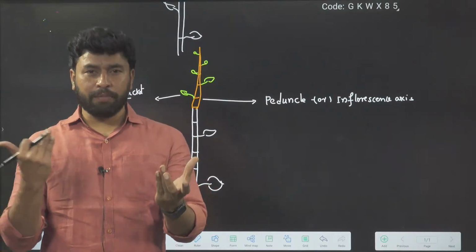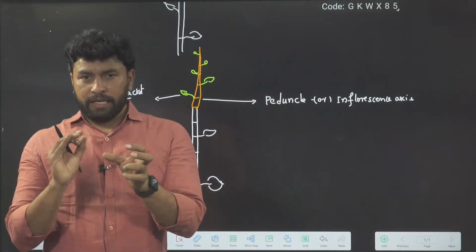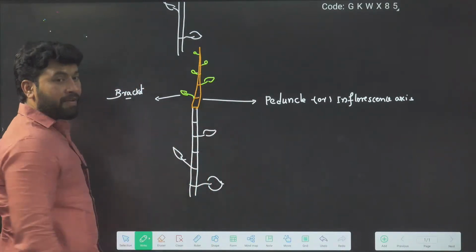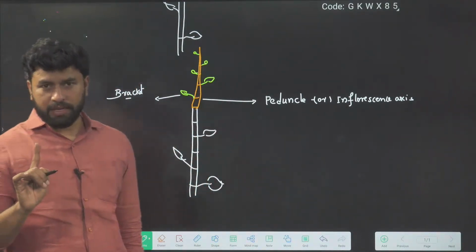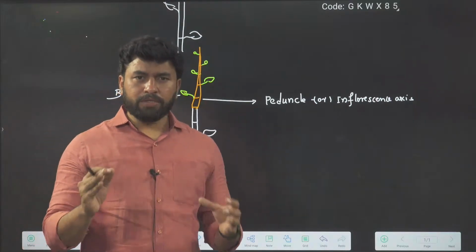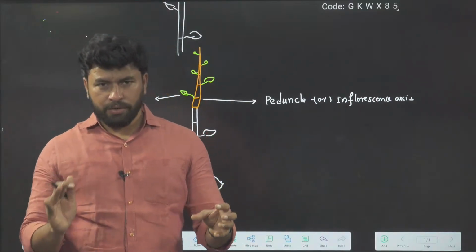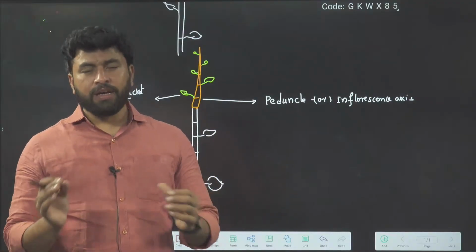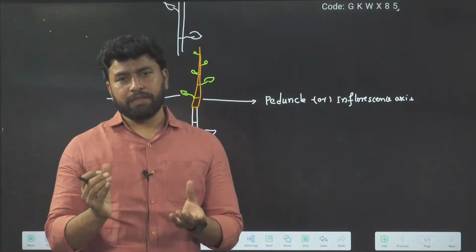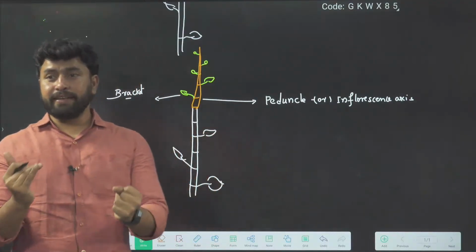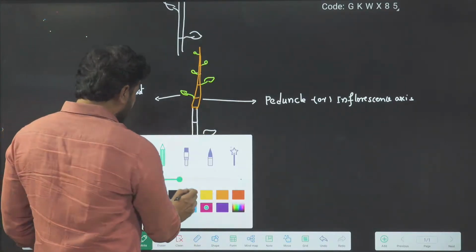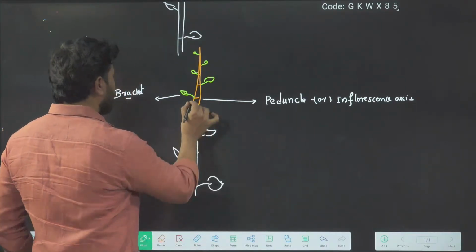Then again, fundamental. When you take a leaf, on the axil of the leaf, there should be a presence of axillary bud. That is common. Wherever you observe a stem, it has a node. At the node, there is a leaf or there are leaves, and at the axil of the leaf, there should be a presence of axillary bud. Now, consider this is an axillary bud.